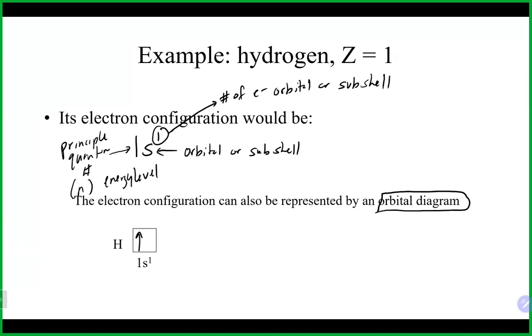That is, without getting into too much detail, what is known as ms, the spin quantum number, and it has a value of +1/2 when the arrow is going in the upwards direction in this particular case. Any questions on that there?